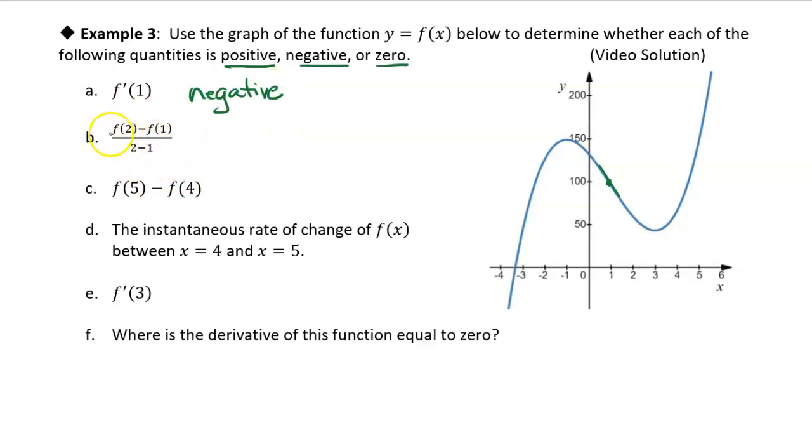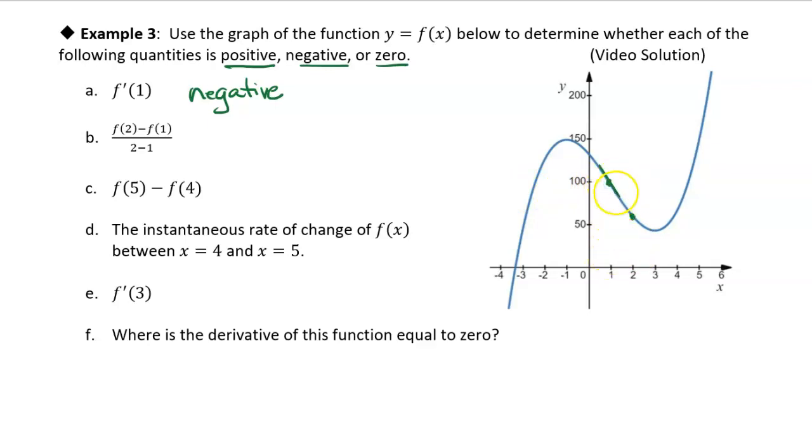All right, let's look at this next quantity. We have f of 2 minus f of 1 over 2 minus 1. Well, that should look familiar to you, right? That is the average rate of change between x equals 2 and x equals 1, right? So we're looking at, here's 2 down here. That's about f of 2, and this is f of 1.